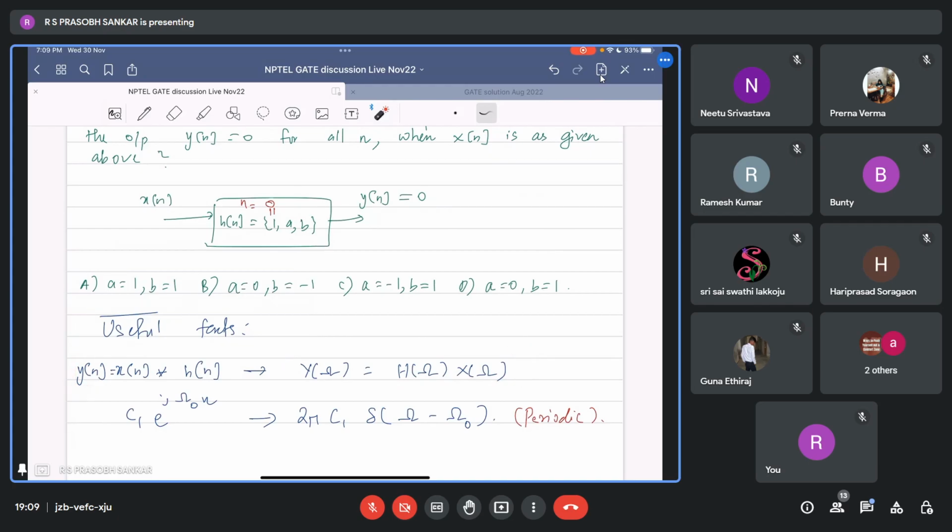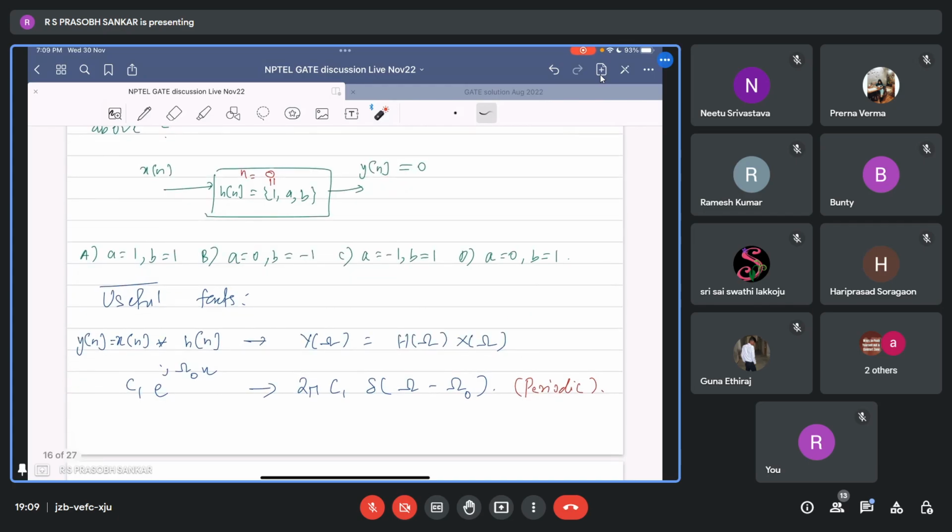Next, how does the Fourier transform of exponential functions look? We have a signal c1 e raised to j omega naught n. This will have the Fourier transform 2 pi times c1 delta of omega minus omega naught, with the understanding that this is periodic.